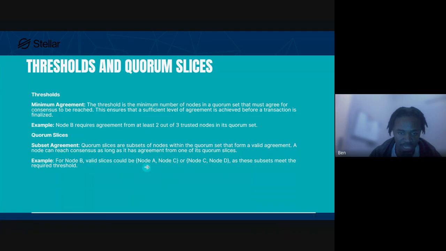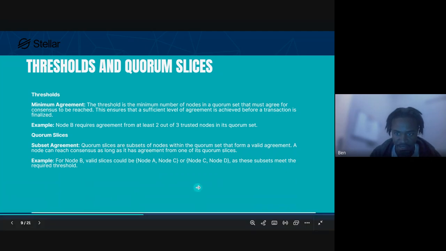If you're talking about a quorum set of 3 nodes, then any 2 nodes out of those 3 is the quorum slice, because these are the subsets that meet the required threshold. Does it make sense?